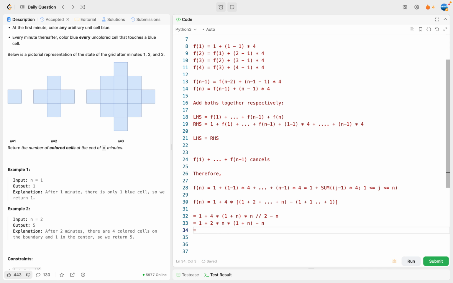Overall, we get 2 times n squared plus 4 times n.